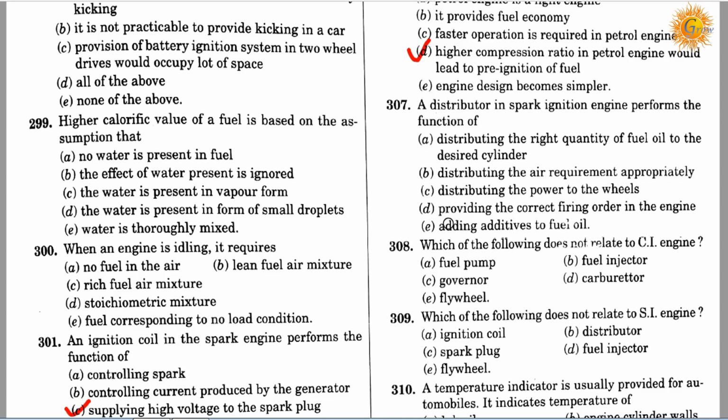Option D, providing the correct firing order in the engine. Option E, adding additives to fuel oil. So the correct answer is D. A distributor in a spark ignition engine performs the function of providing the correct firing order in the engine.